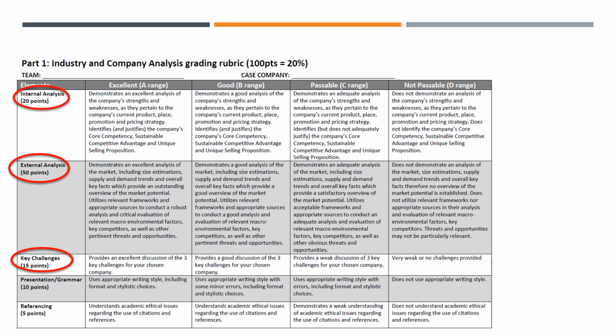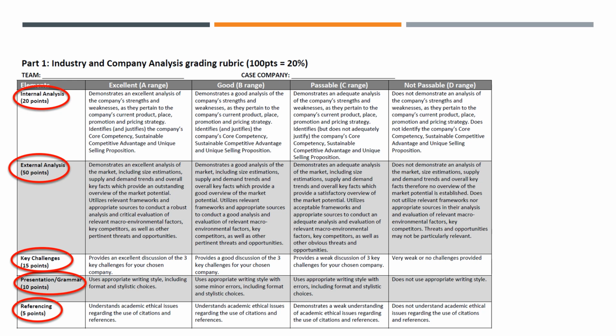And the final 2 components of the marking rubric for part 1 are presentation and grammar, as well as referencing. In terms of presentation and grammar, you've only got a very limited amount of words to explain the internal and external situation of the company, as well as what the 3 key challenges are. So that writing has to be very concise, very accurate, and not waffly in any sense.